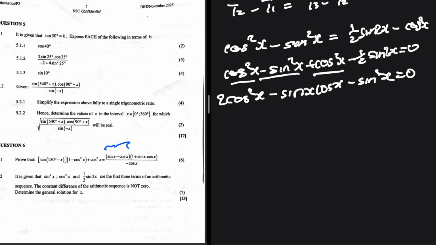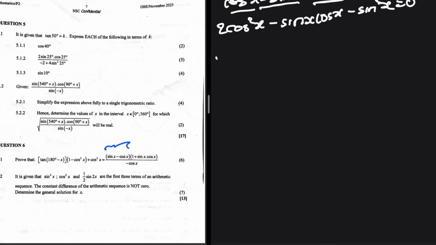So we now need to factorize this. I do not know how you were going to factorize it, but let me do it how I would have done it. I would have 2 cos squared x minus 2 sine x cos x, plus sine x cos x minus sine squared x being equal to 0.